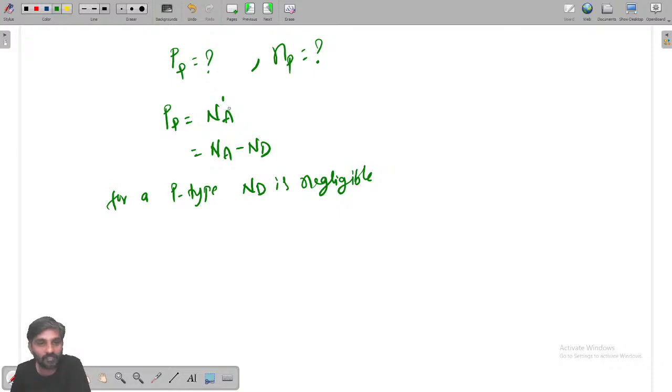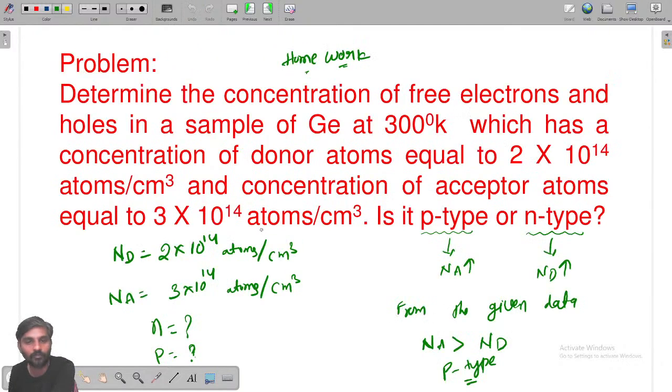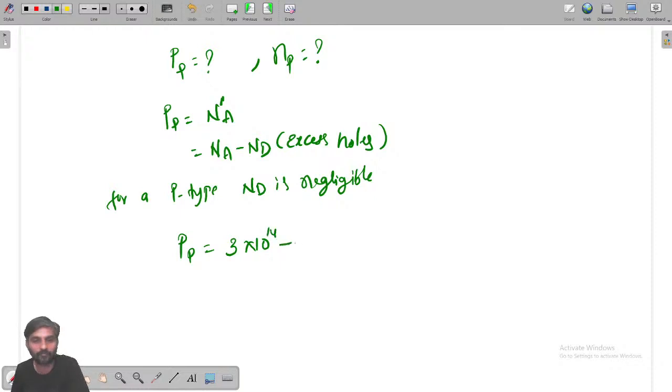That is the reason we are considering only the excess holes. So Pp is 3 into 10 to the power of 14 minus 2 into 10 to the power of 14, which is simply 10 to the power of 14. Pp is the hole concentration.